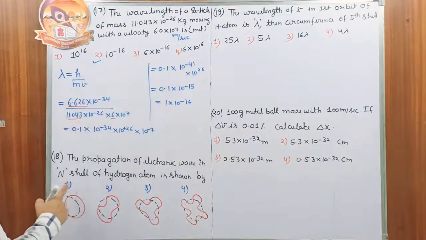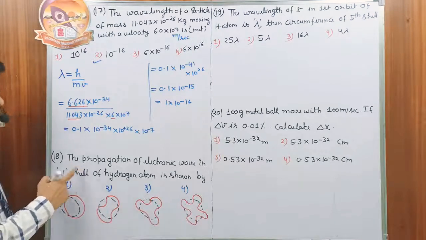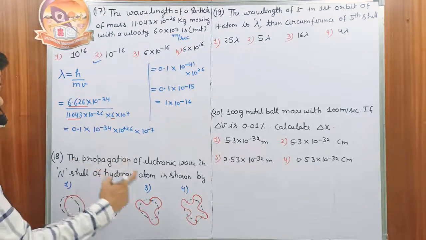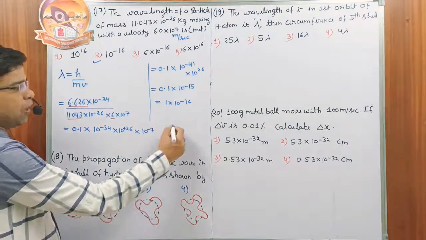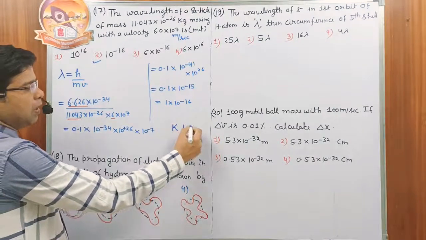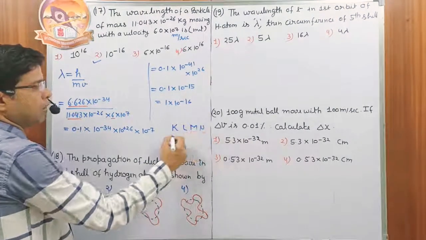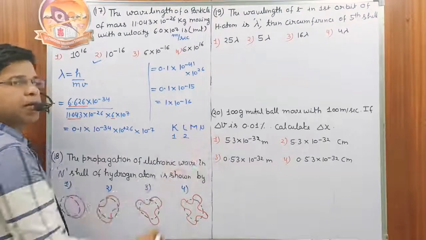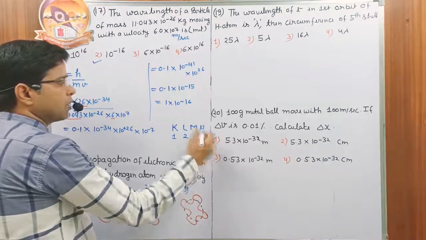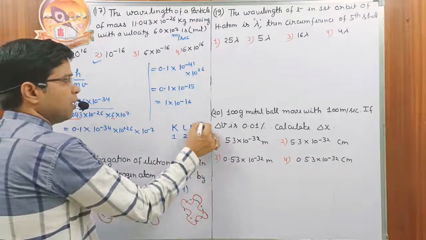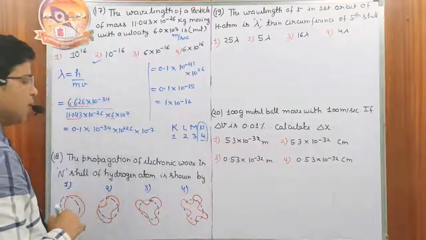Then the next question, number 18: the propagation of the electronic wave in the n shell of the hydrogen atom is shown by... look, K shell, L, M and N. K shell is the first shell, second shell is L, third shell is M and fourth shell is N. Okay, so we have to check for the fourth shell, that is the N shell.